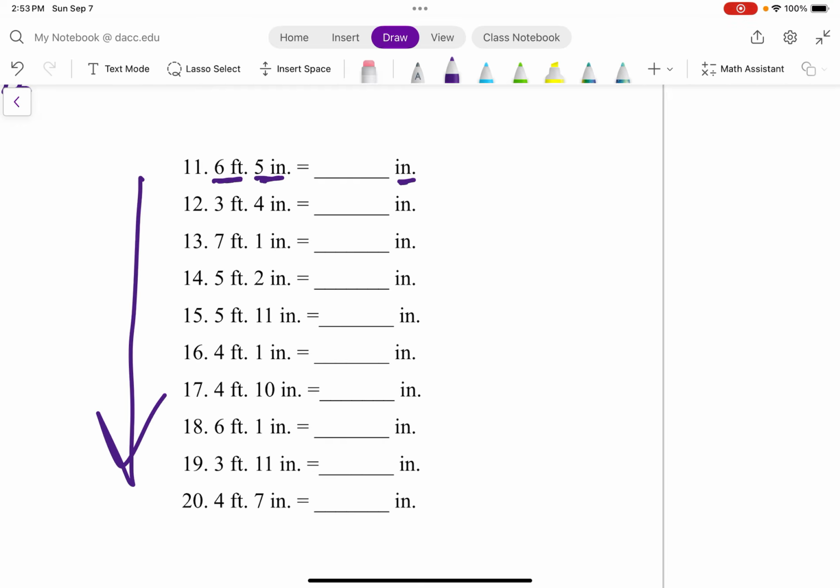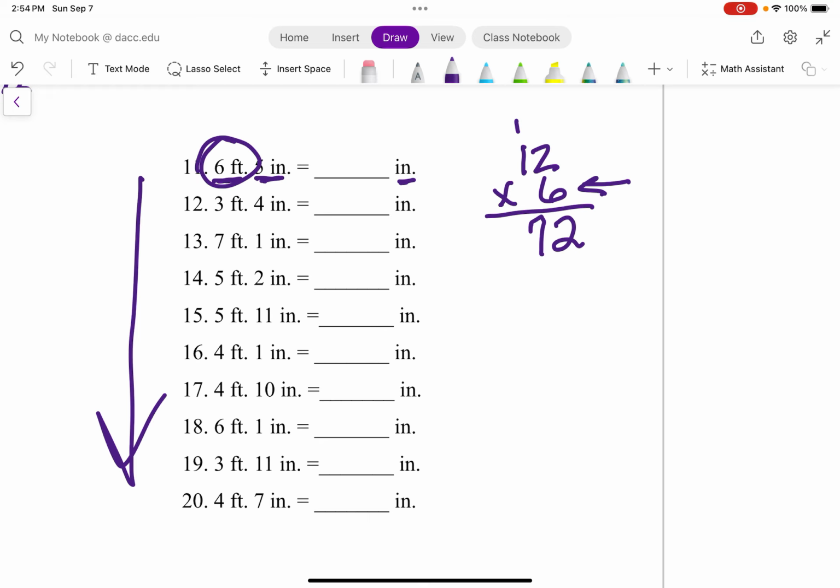So we have 6 feet, 5 inches. So how many inches are there in 6 feet? Well, we know there's 12 inches in a foot. Let's multiply that by 6 because we have 6 feet. So we're multiplying by 6. And that gives us 12. Carry the 1. 6 times 1 is 6, plus 1 is 7, so 72.